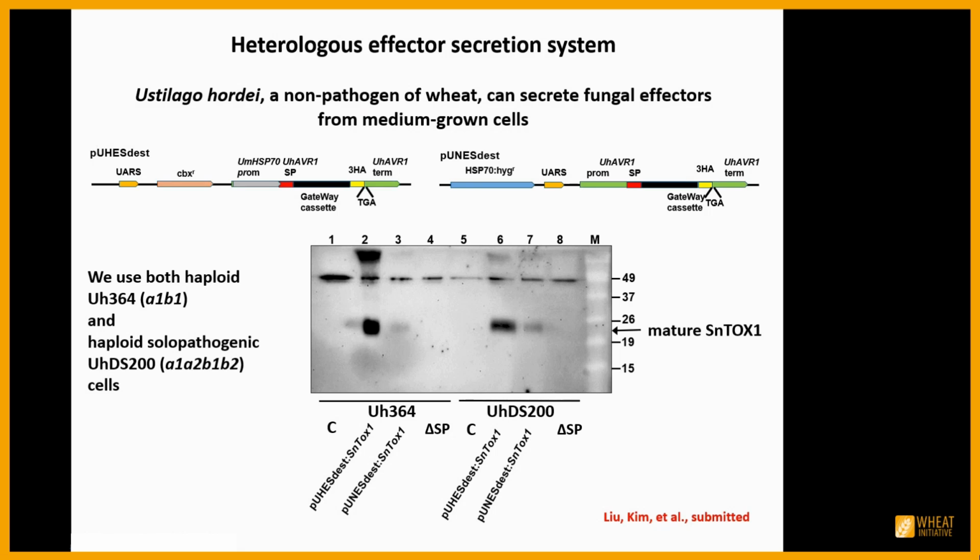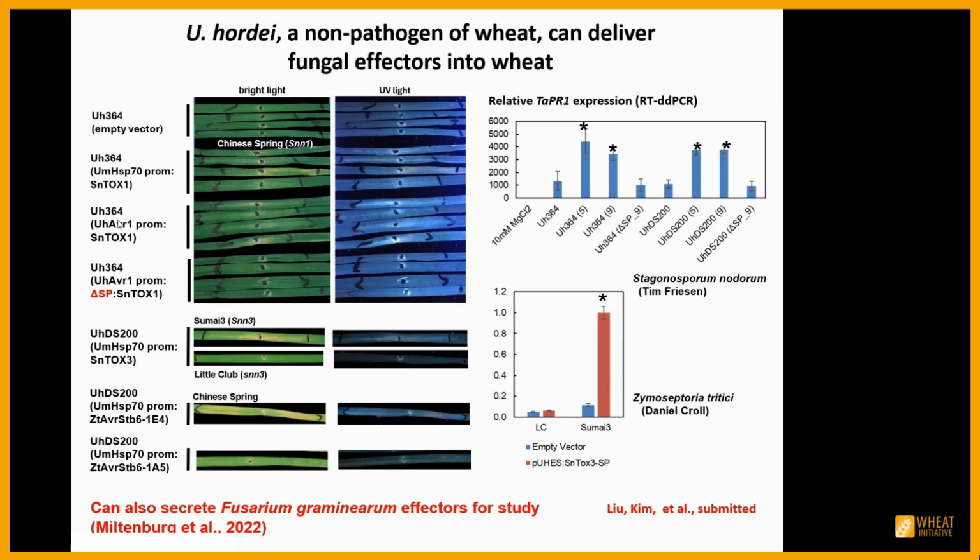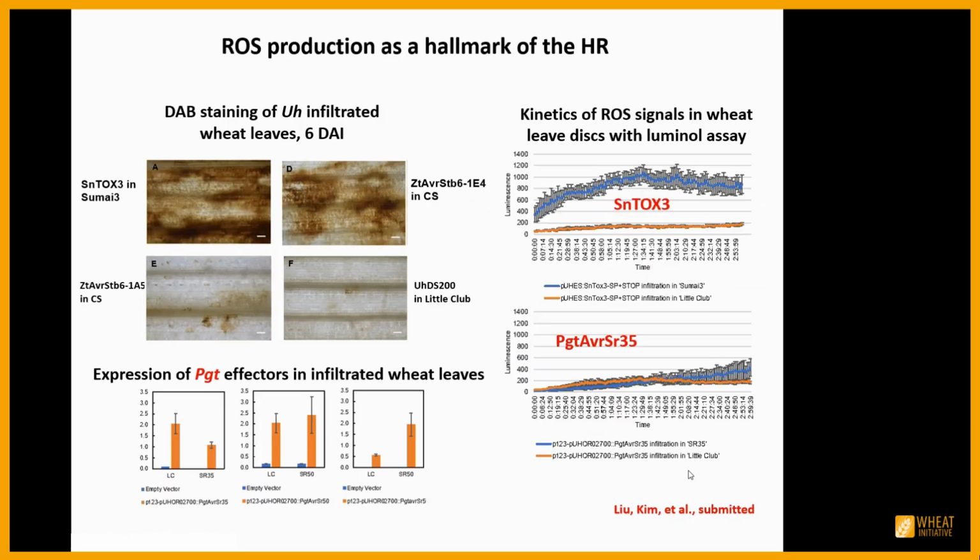So we tested this system with 3 different effectors, the Stagonospora nodorum Tox1, Tox3, and also a Zymoseptoria tritici effector. And we do see the formation of hypersensitive response necrosis. Here you see the fluorescent materials. We checked the PR1 expression here as well. However, we also tested the ROS production in a luminol leaf disc assay.